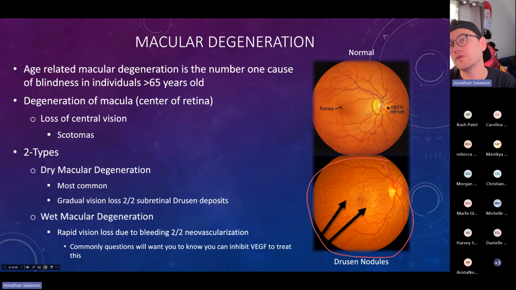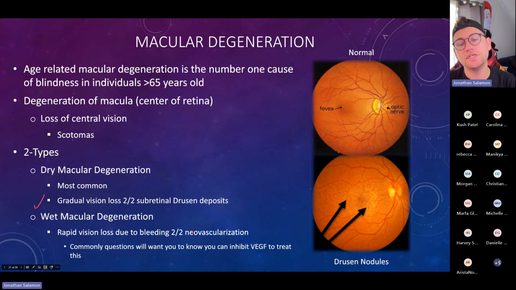So I think it's worth learning what the ophthalmic exam photos look like, right? So drusen nodules, definitely know what these look like. You'll guaranteed have a question on these, right? A lot of times they'll basically describe macular degeneration, and then they'll ask what you would see on a fundoscopic exam, and the answer is just drusen deposits, right?